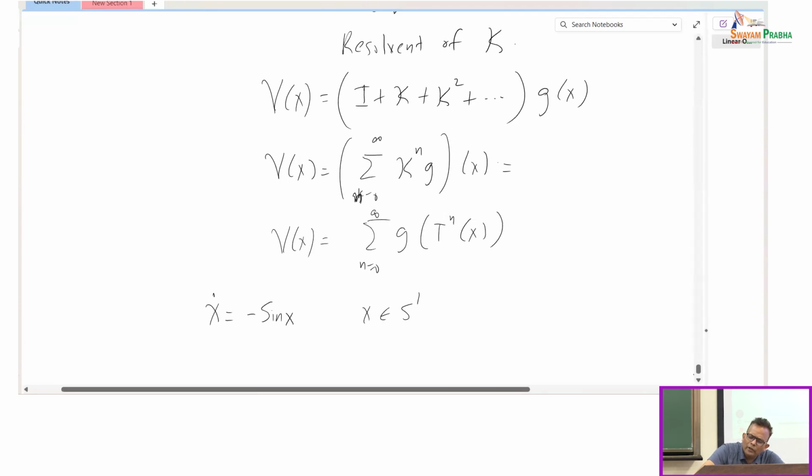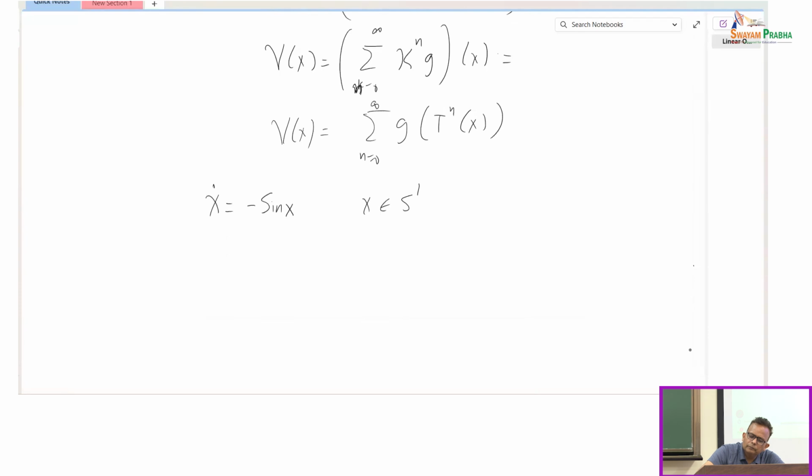So how many equilibrium points are there for the system x dot equals minus sine x? This is the vector field, right?